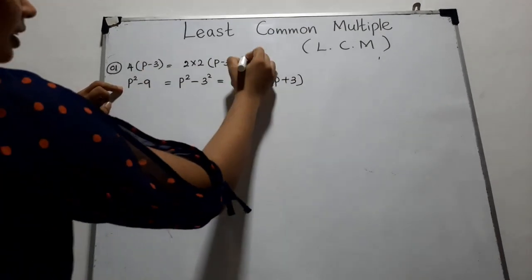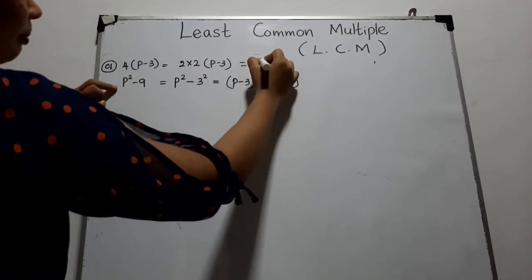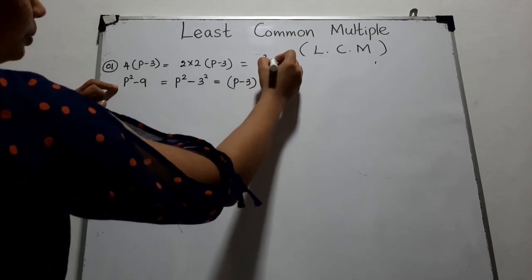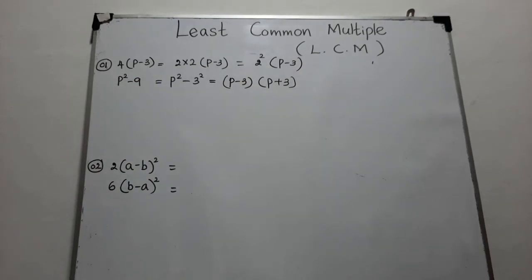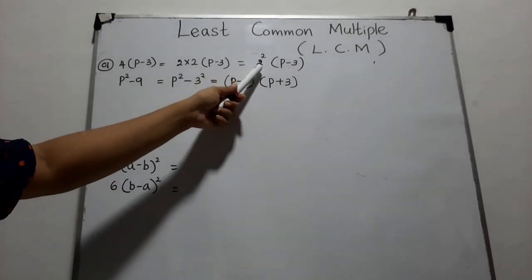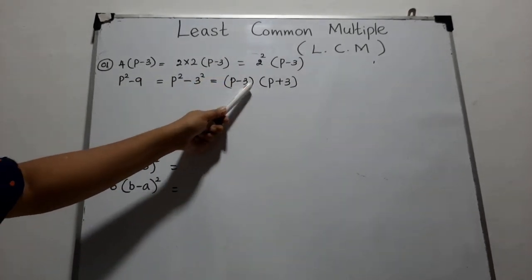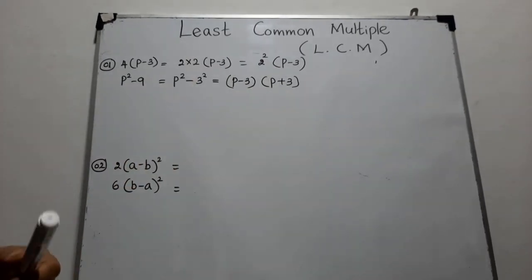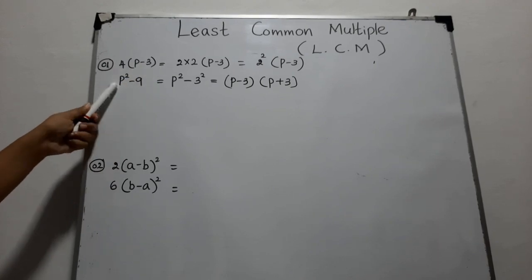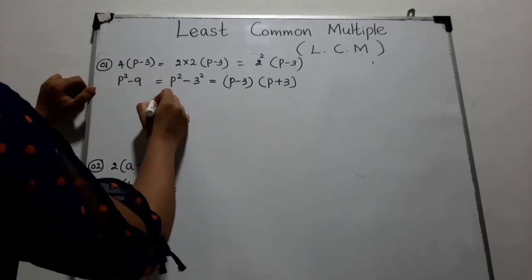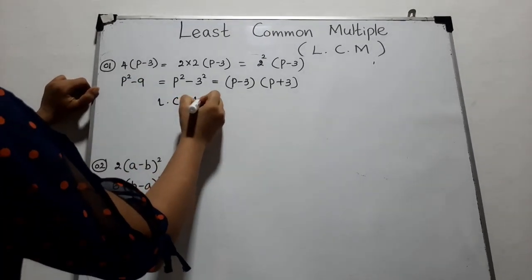Here the first one can be written with powers as 2 to the power 2 into p minus 3. Now 2, p minus 3 and p plus 3 are the distinct factors of 4 times p minus 3 and p squared minus 9. Now let's find the LCM.